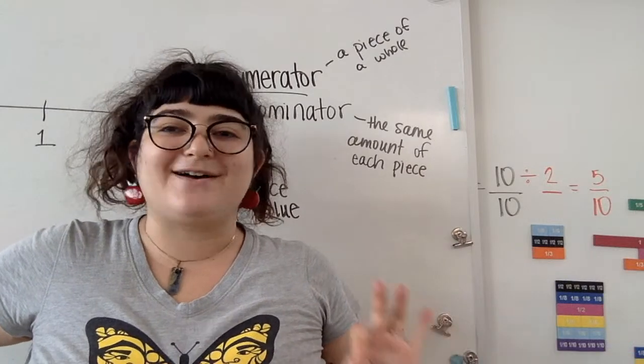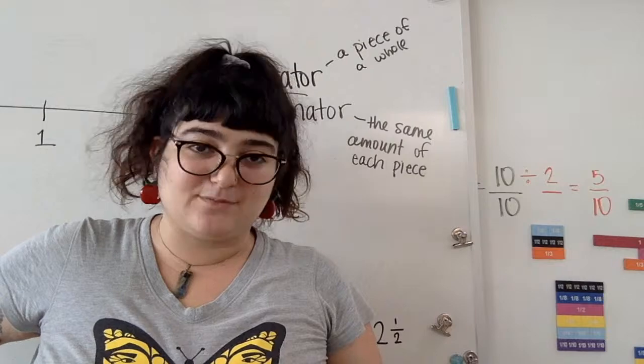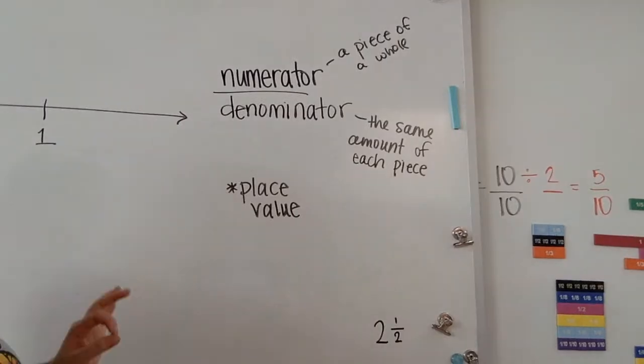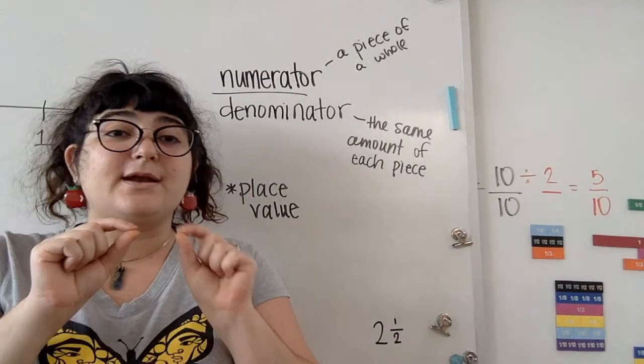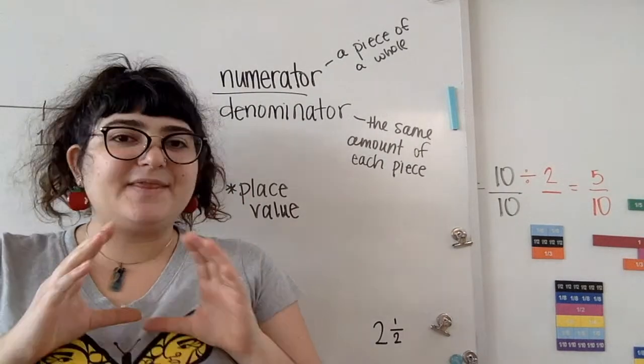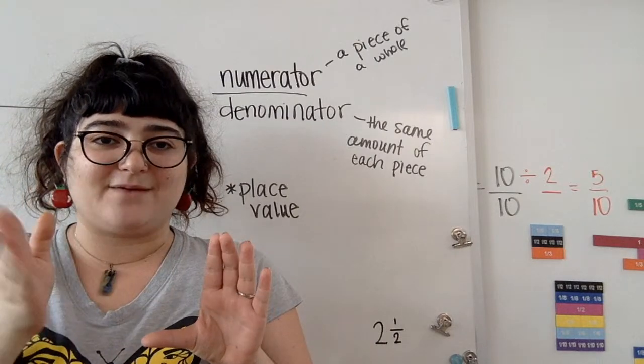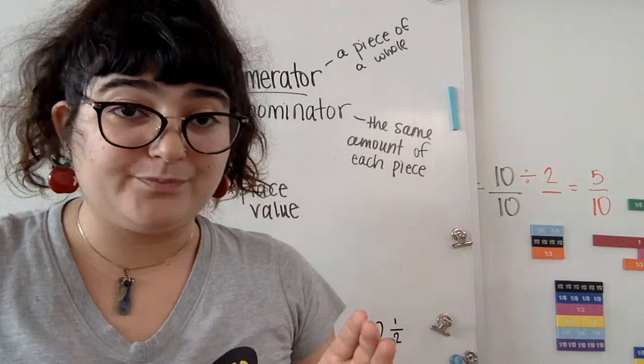And really, this is also going to come into play when we start to do decimals as well. Now, just to remind us, the numerator is the part, just one piece out of the whole, and the denominator represents how many equal pieces have been cut up within that whole, right?